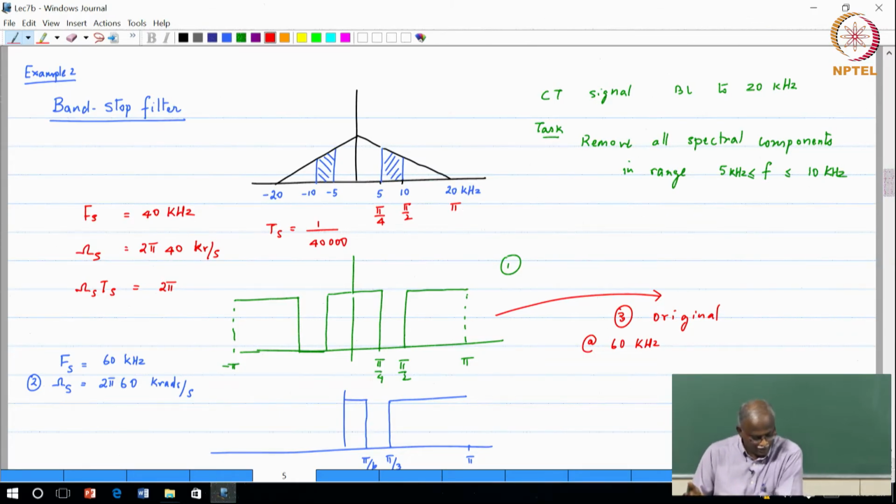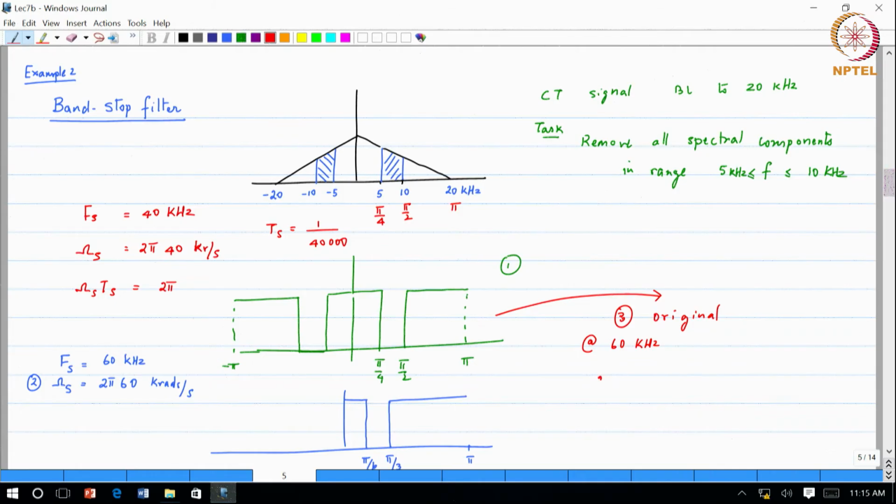You would have to recalculate. So 2 pi in the discrete time domain corresponds to 60 kilohertz, right. I am cutting off from pi by 2. Pi by 2 corresponds to 15 kilohertz. Pi by 4 will be 1/2 of that, 7.5 kilohertz.